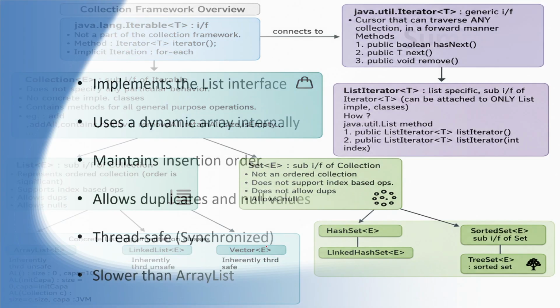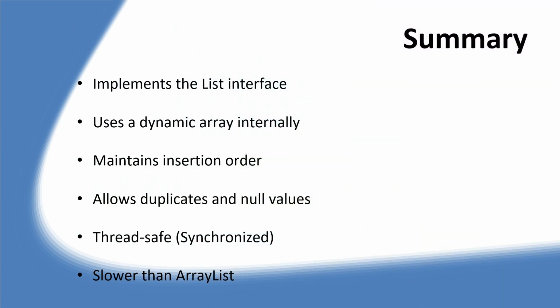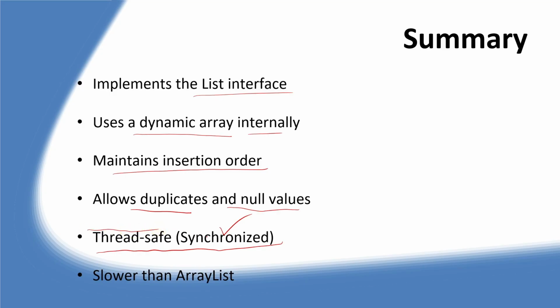Let's quickly summarize what we have learned so far. Vector is an implementation class of the List interface. It uses a dynamic array internally, maintains insertion order, and allows duplicate elements as well as null values. The most important part of Vector is that it is synchronized and provides thread safety.